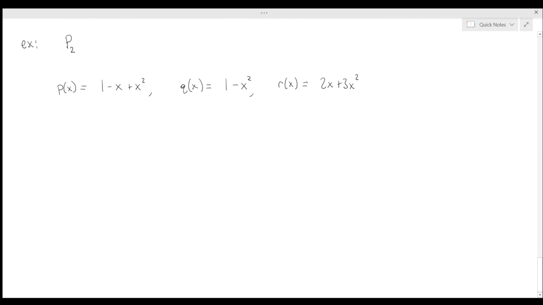And then for these three given polynomials, again, we want to check, do they form a basis for the space P2? So to check if they're a basis, we would first set up a linear combination of them.